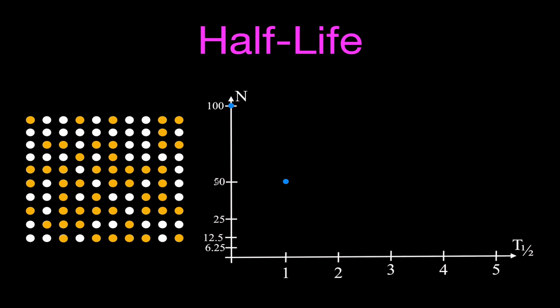After another half-life, which would be 2 half-lives, half of the remaining are going to decay, and we're only going to have 25 left. So after 2 half-lives, we put a dot there for 25, and so on. After another half-life, we're only going to have 12.5, or 12 or 13. We put another dot there, and then again, we're only going to have 6 left.